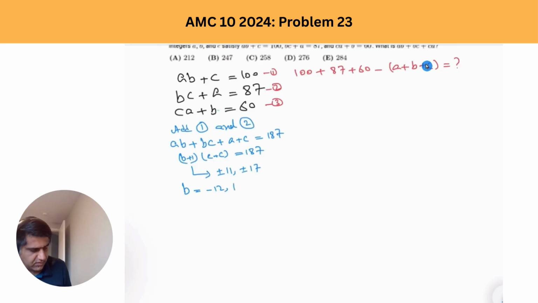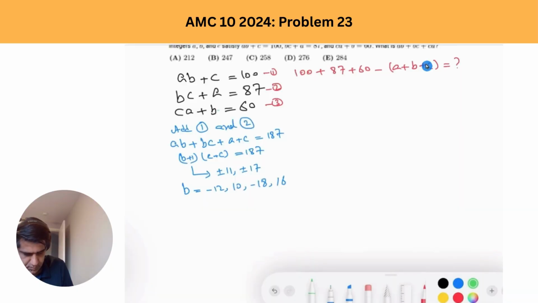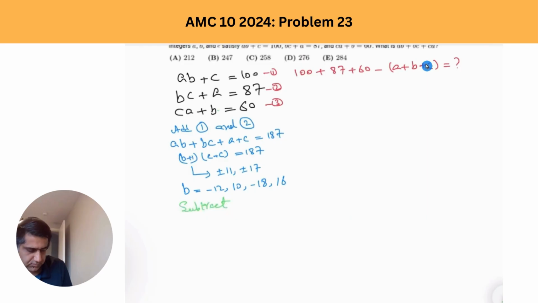And now let's see what happens if I subtract 2 from 1. Then I would get minus bc plus c minus a equal to 13.